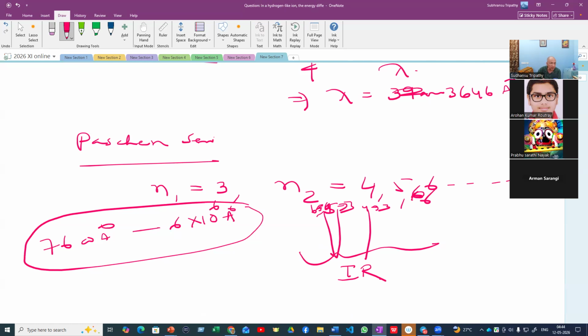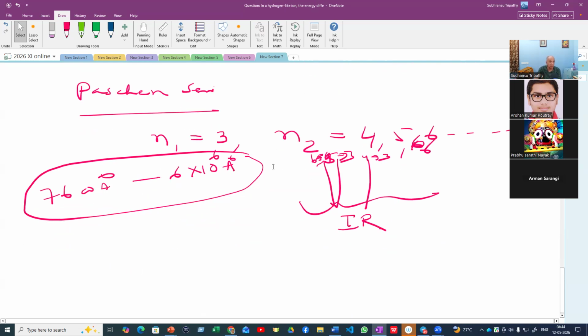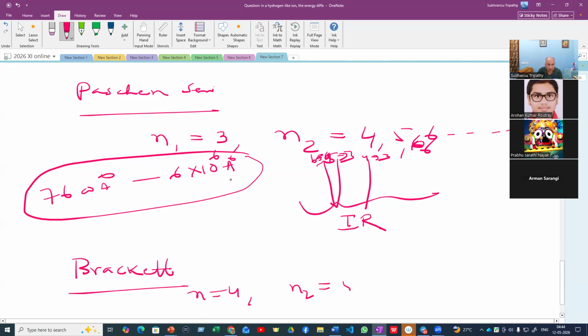And the second part is the Brackett series. Sorry, Pfund series. Then the third part is Brackett. After Paschen, which series comes? Sir, Brackett series. So n is equal to 4 and higher shells are 5, 6, 7, 8 up to infinity.